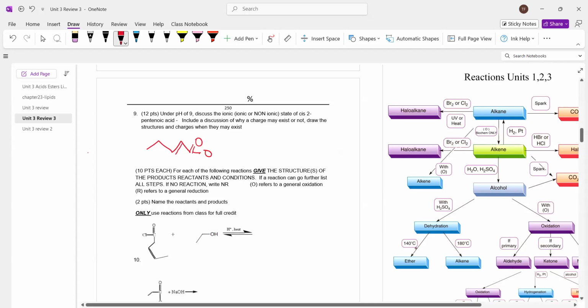And that is a trans, not a cis. So let's draw it cis. So this is trans. This would be the cis version.